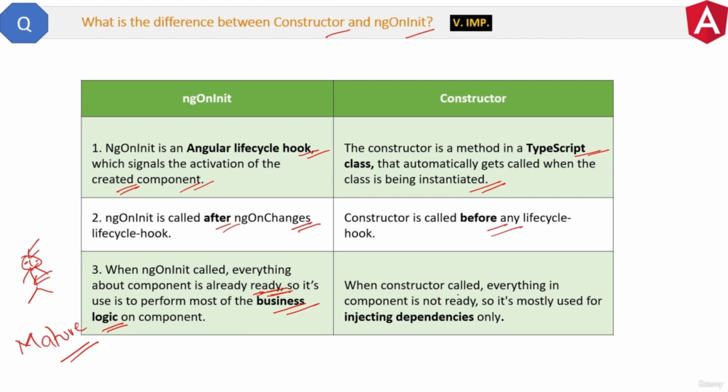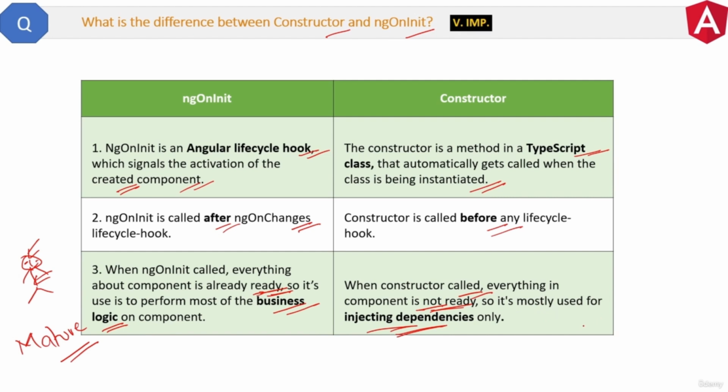Similarly, when the constructor is called, when the application has just started, everything in the component is not ready. The component is still in the development phase. It is still not created or developed. So at that point, we mostly use it just for injecting dependencies. This is one very important thing which we do inside the constructor, and that is injecting dependencies.